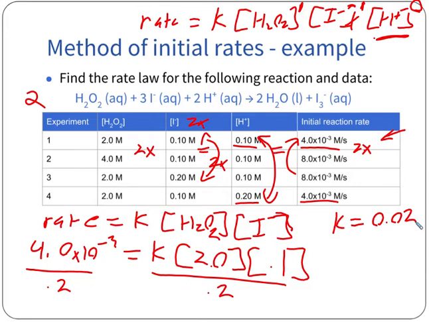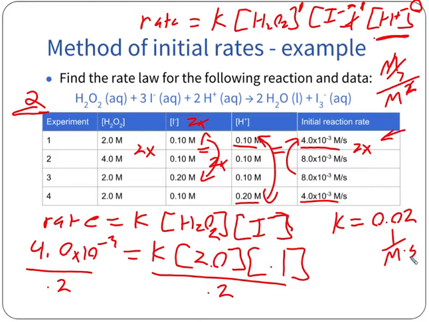Unit wise, it is going to need to be, let's see, molar per second divided by molar to the reaction order, which we said is 2. Right there, second power, that molar cancels that one out, so it just ends up being 1 over molar times seconds. And for sig figs, do we have one?